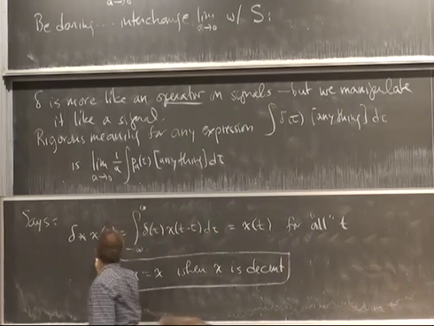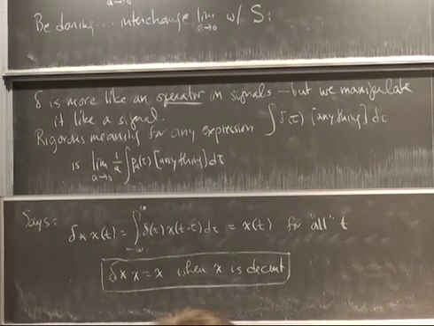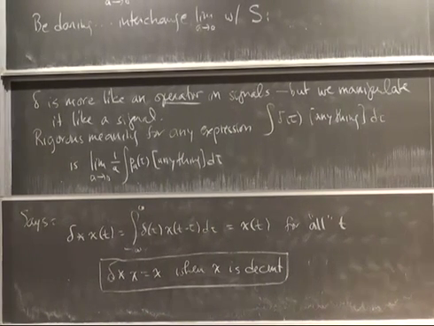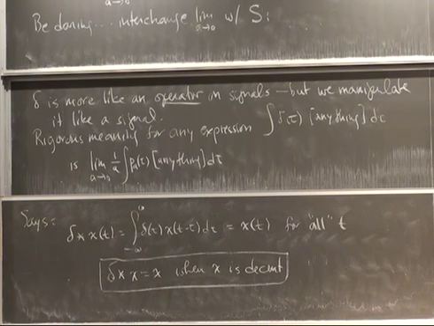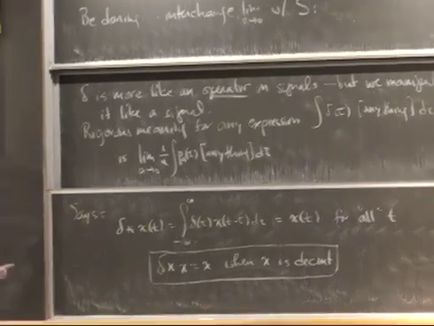So what does this mean? This means essentially that delta is an identity element for convolution. It's not a signal, but if we think of it as something that you can put under integral signs with impunity, you discover that when you put it under there and you do a regular old convolution with it in there, using the rigorous definition of what it is under the integral sign, you get that.